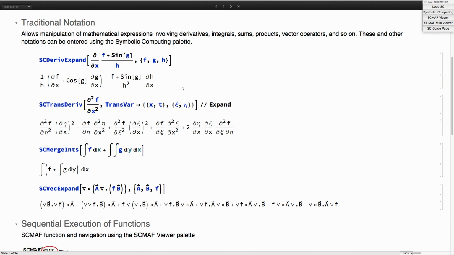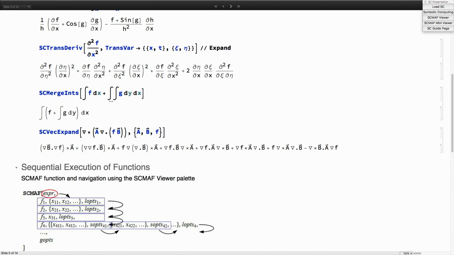The old variables are x and t, and the new variables are x and eta, and then this is the transformed derivative. Since these integrals are not evaluated, these two integrals are merged automatically.